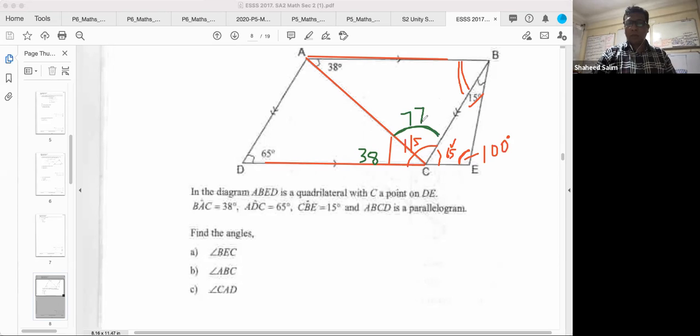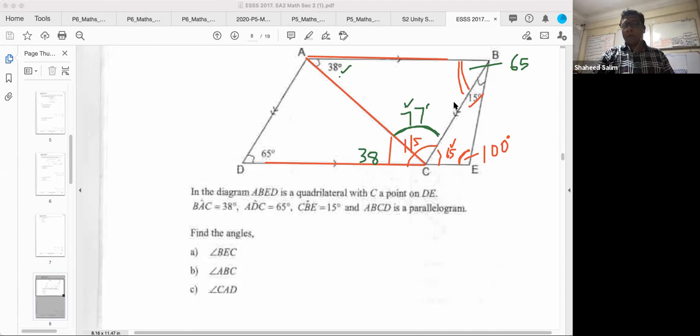CAD. 77 here. So 38, 77, this equals 180. 180 minus 38 minus 77, what do you get? You will get this to be 65.